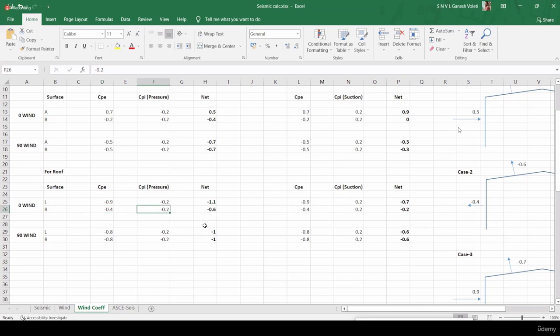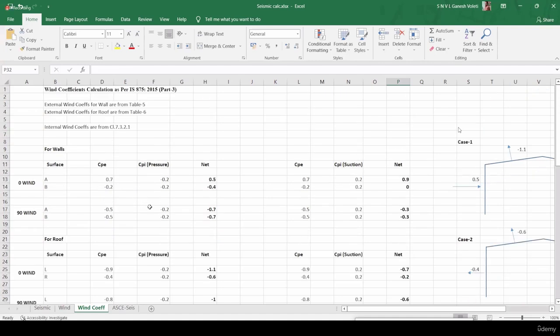Likewise, minus 0.4 minus 0.2 gives minus 0.6, and you get minus 1 in both these cases. In the suction case, minus 0.9 plus 0.2 gives minus 0.1. Minus 0.4 plus 0.2 gives minus 0.2, and minus 0.6 in both these cases. This is how we calculate the net wind coefficients for walls as well as roof separately.